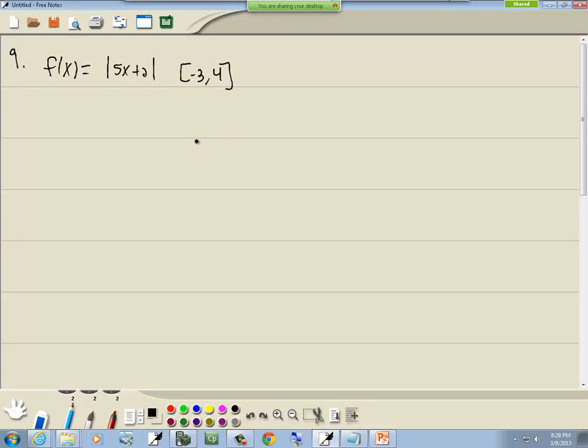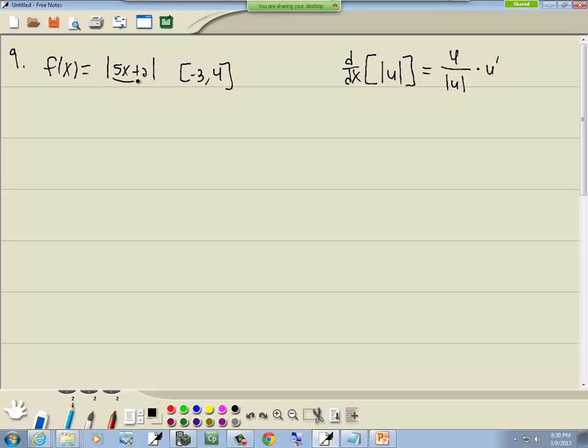This one, there's one place where it's not differentiable. And if I were to go through and find the derivative to demonstrate it, let me show that. We got our formula. Let me go ahead and write it down because we don't see it that much in calculus. The derivative of the absolute value of u, where u can be anything, is equal to u over the absolute value of u times u prime.